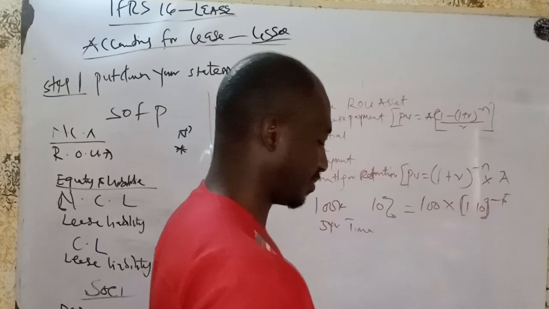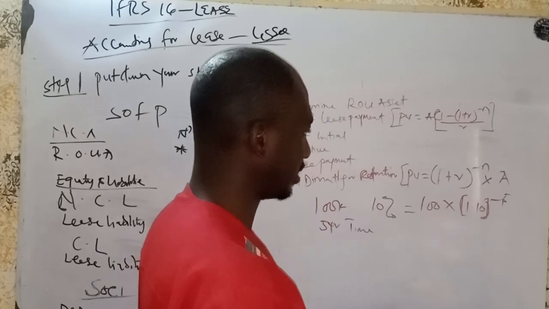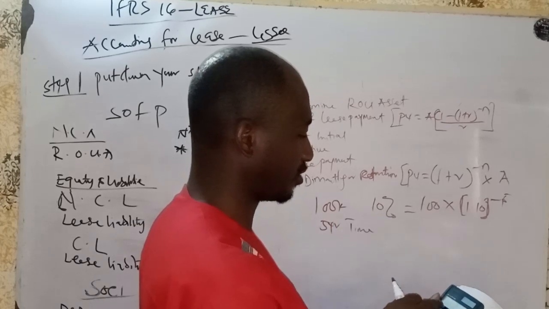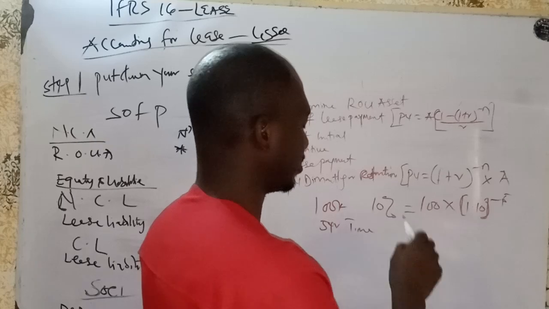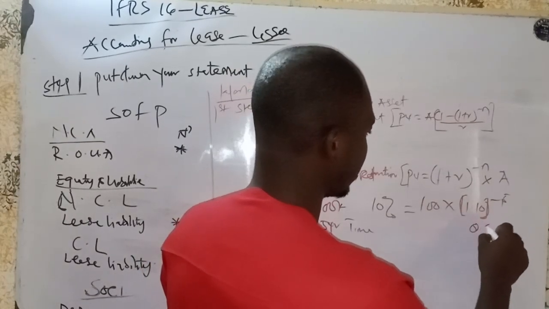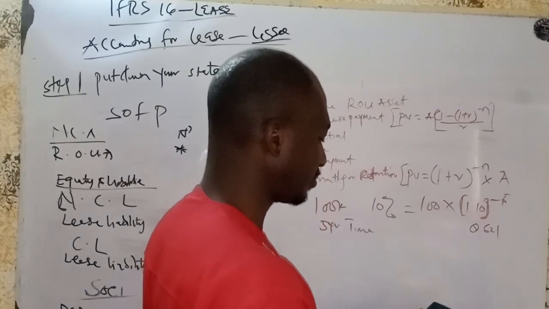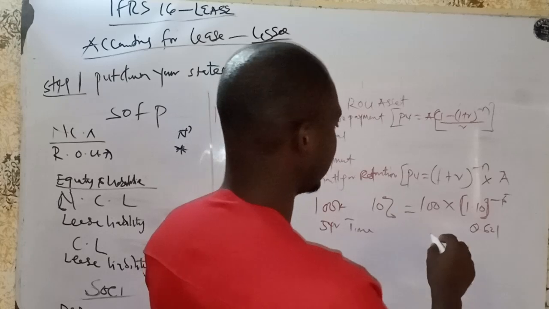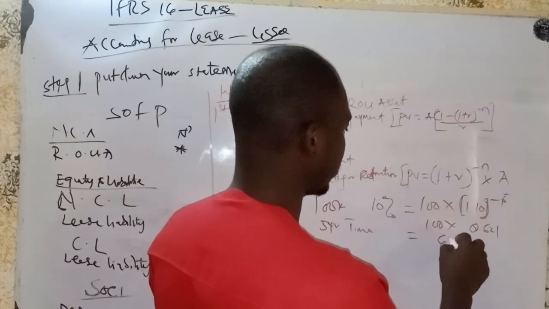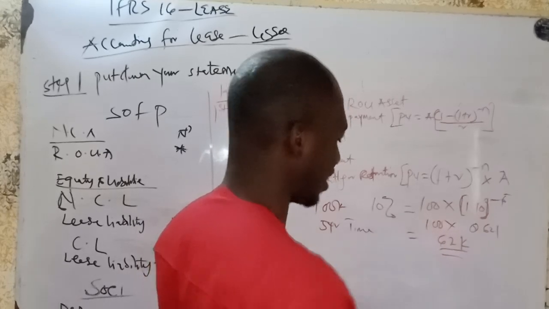Let's punch it quickly. 1.1 raised to power minus 5 gives us 0.621. That is what this one will give to us. 0.621 multiplied by 100,000 means the present value will be equal to 62,100. That's how simple it is.